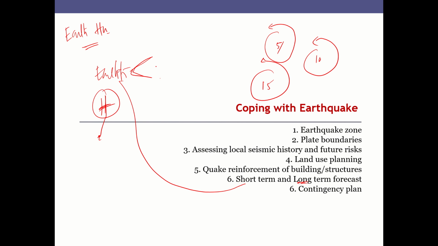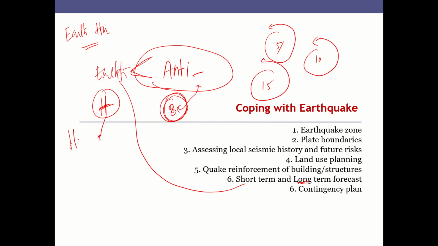There's an anticipated earthquake, and probably soon, an earthquake of 8 and above is forecasted for the Himalayan region. And this is not a pessimistic way of looking at the problem.